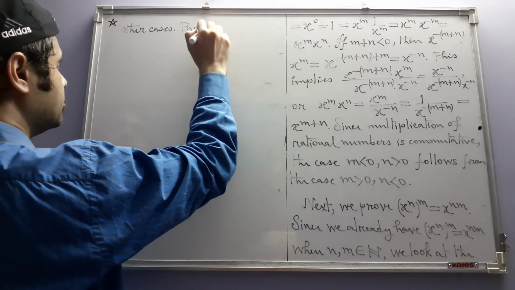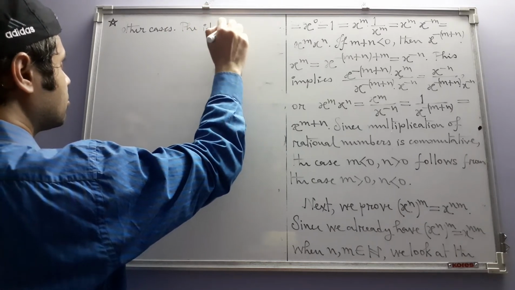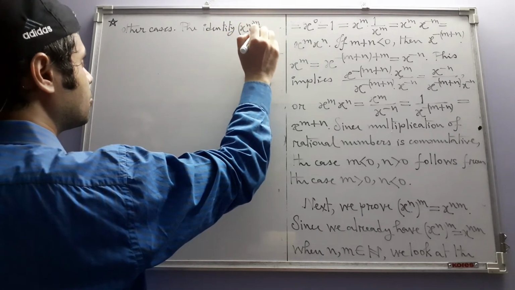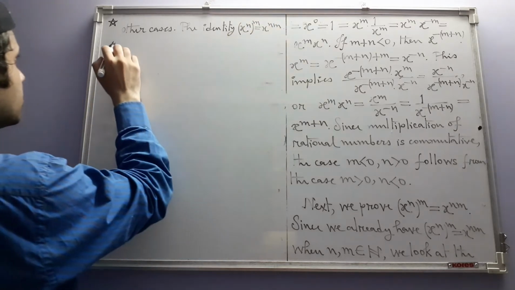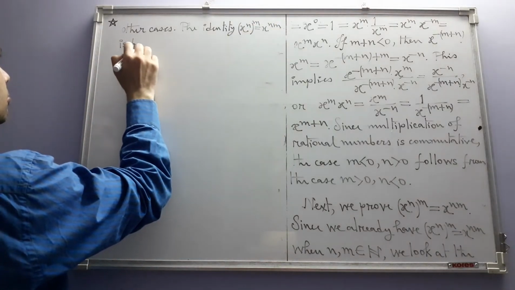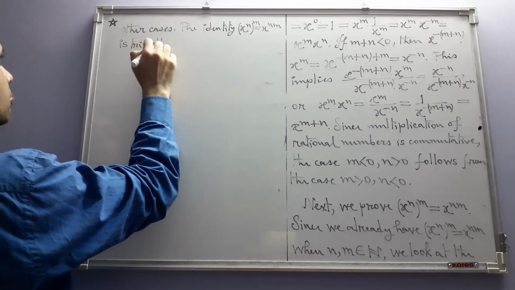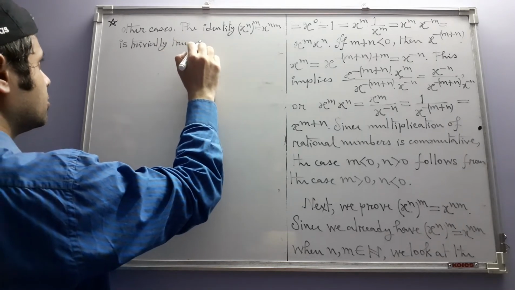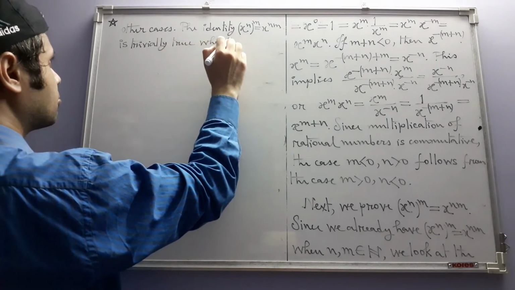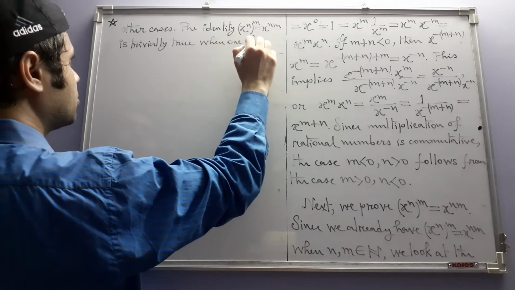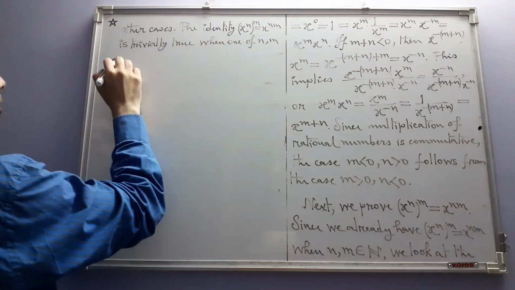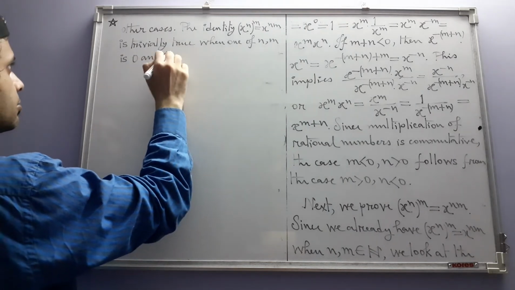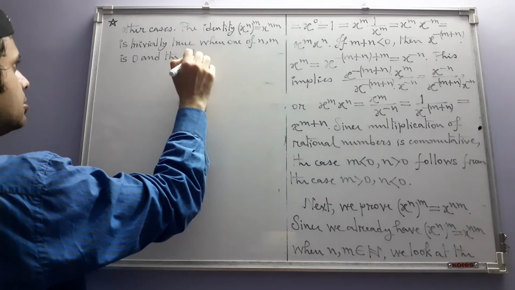The identity is trivially true when one of these two integers is 0 and the other is negative.